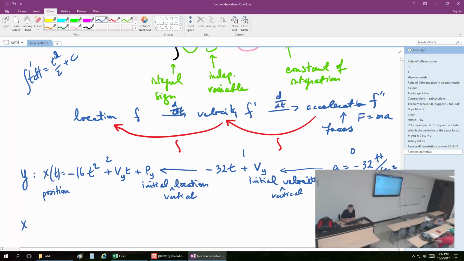Well, let's take x. What's the acceleration in the horizontal direction? So I'm throwing an object. What's the acceleration horizontally? In other words, what's the force? Accelerations come from forces, so what's the force? What's the horizontal force?